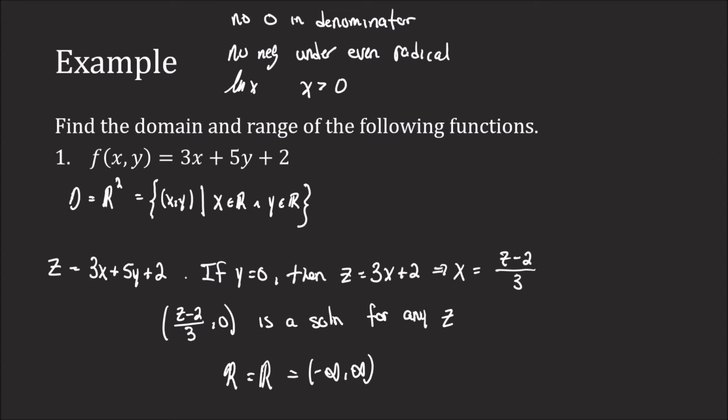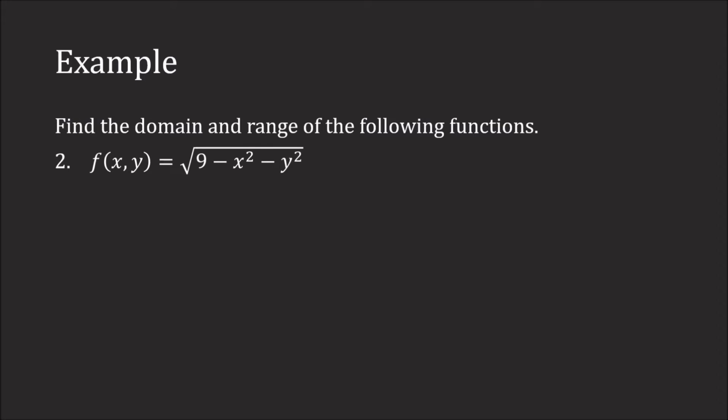Now what about square root of 9 minus x squared minus y squared? Well, here we have 9 minus x squared minus y squared under this even radical. So 9 minus x squared minus y squared has to be greater than or equal to 0. Notice that this means that x squared plus y squared is less than or equal to 9.